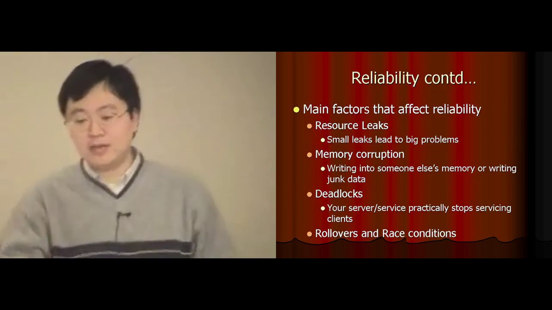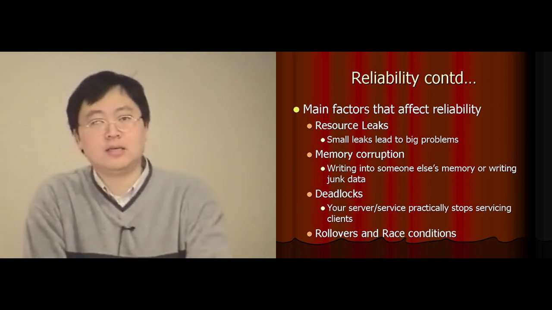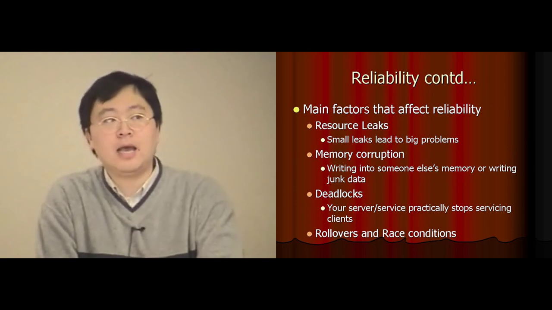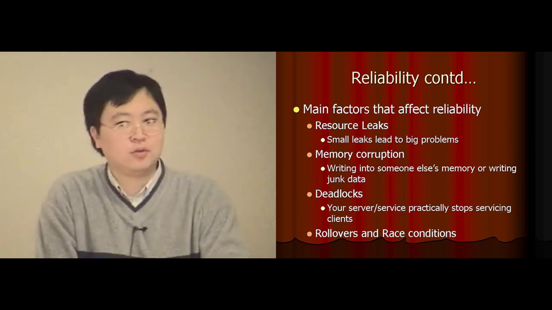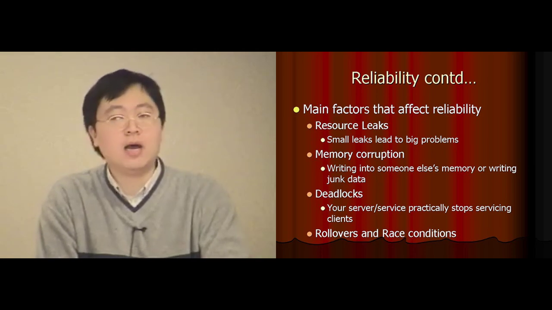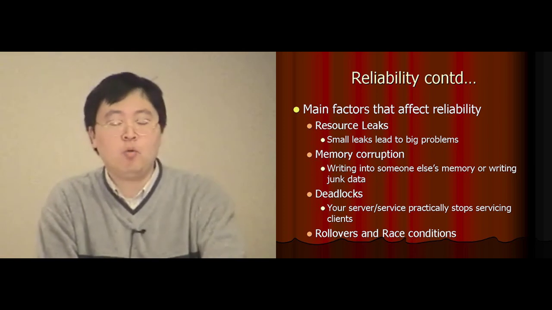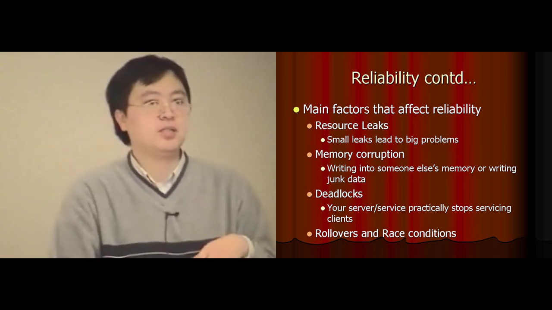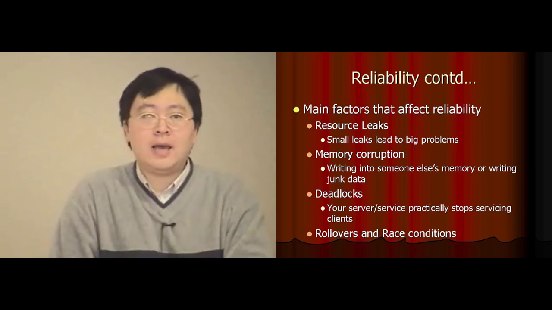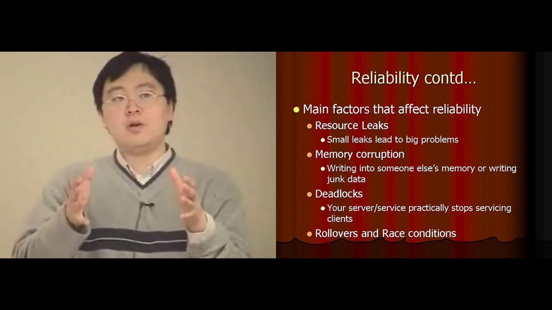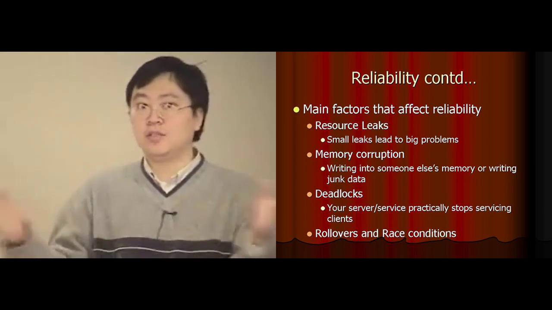Reliability focuses more on resource leaks. Do we have any resource leak in a certain period of time? And how long can our system stay available, like 20 days, a month? And memory corruption. Each time you have memory corruption, it's not like your system immediately shuts down. The memory corruption will continue growing until a certain point and your system crashes.